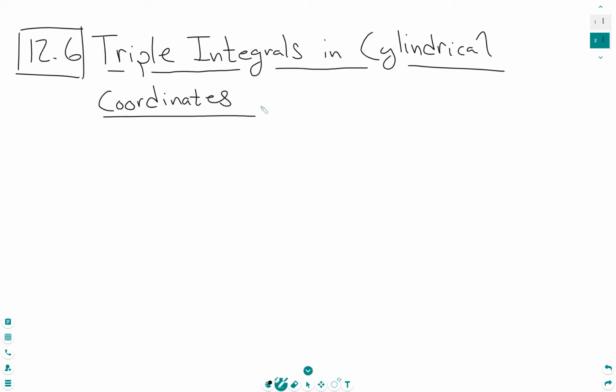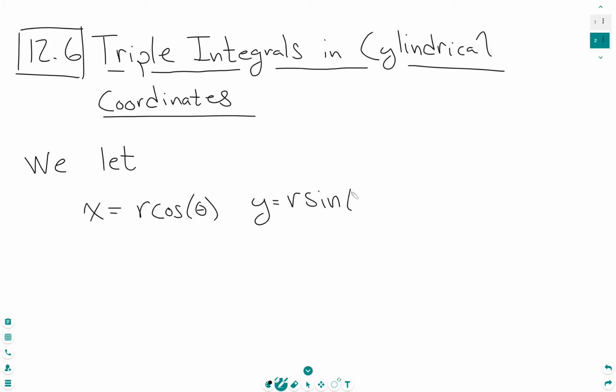So the first thing we're going to do is extend our concept of polar coordinates to use z. So what we do is we let x equal some radius times cosine of theta. We have y be r times sine of theta.